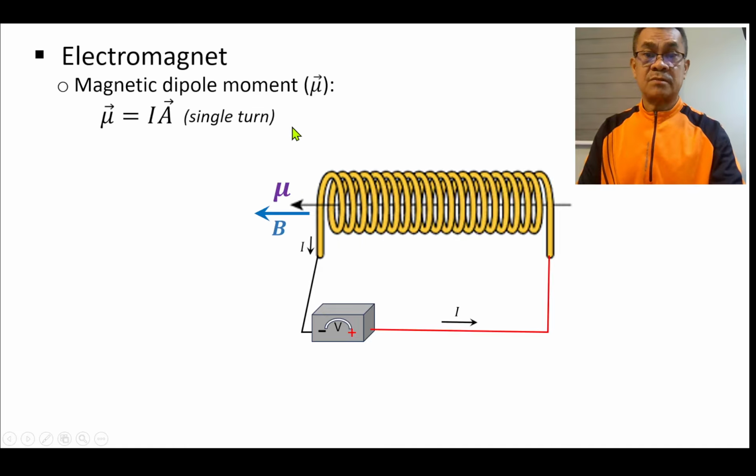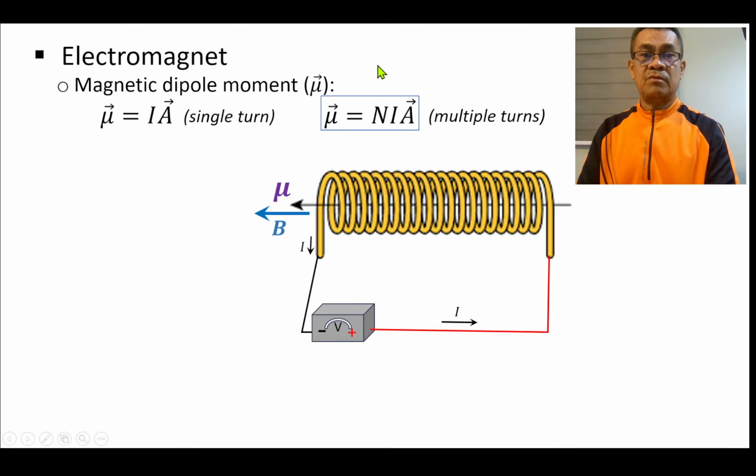For many turns, if you increase the number of turns, then your mu now becomes NIA. Remember, it's a vector. The vector here is the area, because the normal vector is perpendicular to the area. We call this the multiple turns.